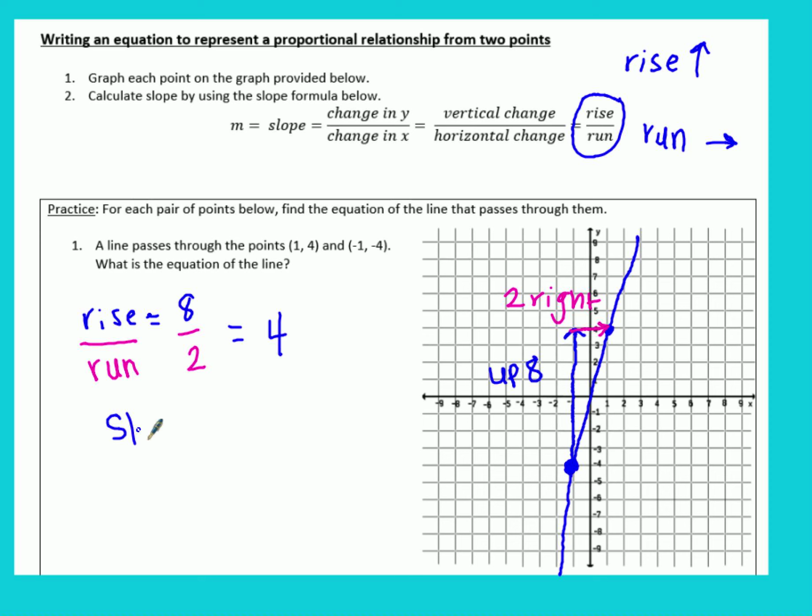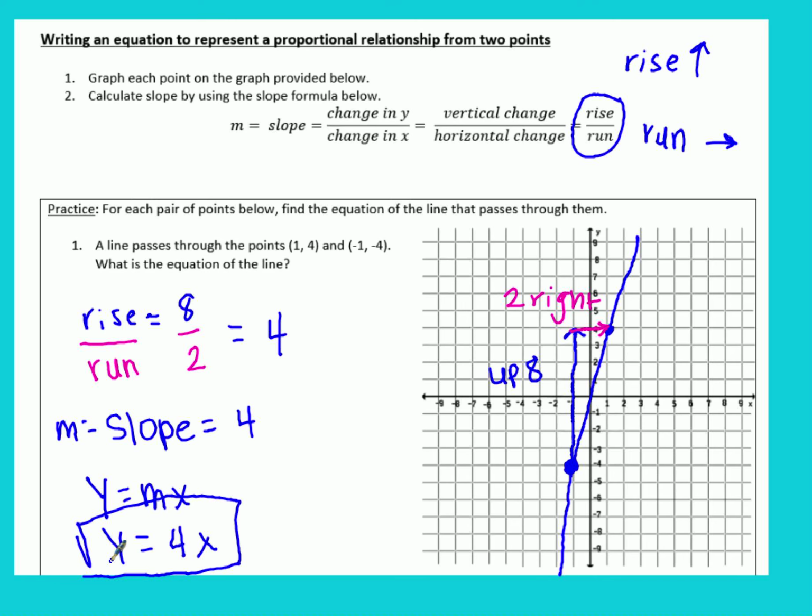So that's going to mean that the slope here is equal to 4. So 4 equals m, which equals the slope. And so to write it in our form y = mx, we can say y = 4x. That means that this is the equation for the line that passes through the 2 points that were given to us here.